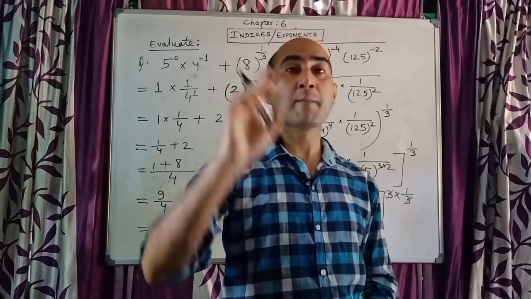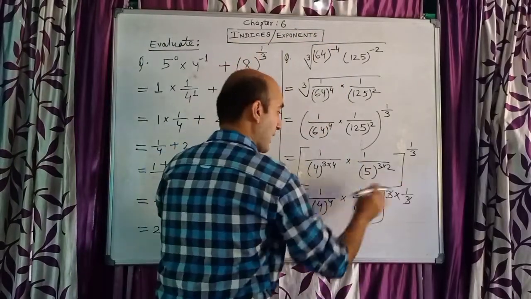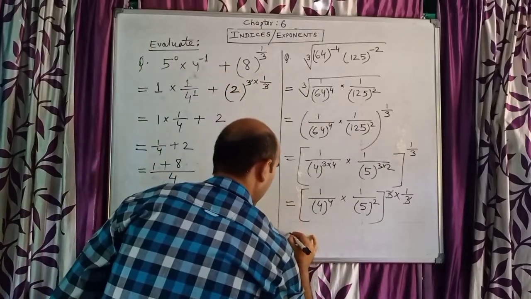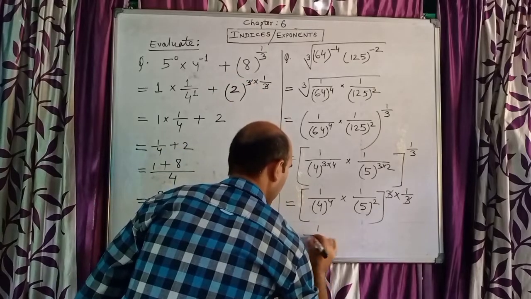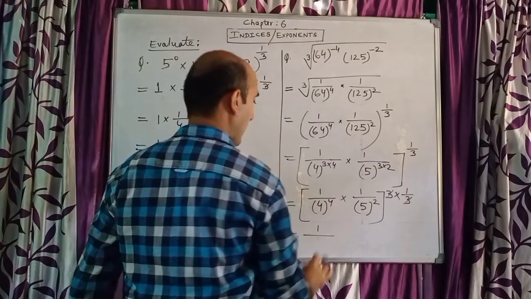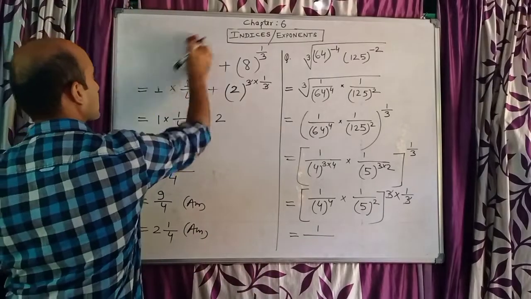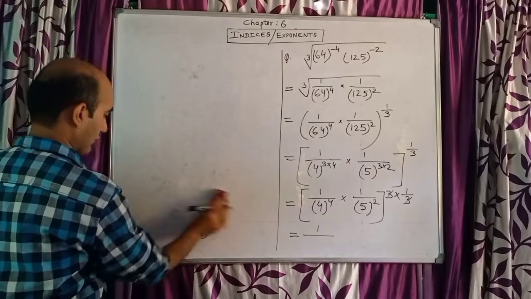And just now I said power 1 means actually the number is same. That means with this power the interior number is same. Now no need to use this bracket, now you can write 1 by 4 to the power 4. Now I am just erasing this side and doing some rough work. Now what is the meaning of 4 power 4?